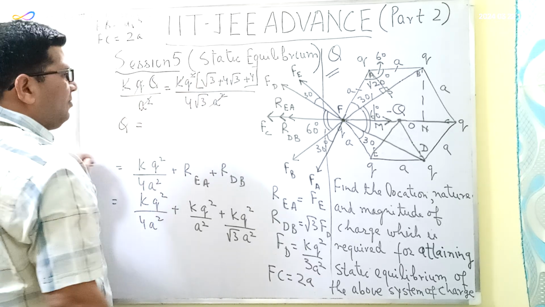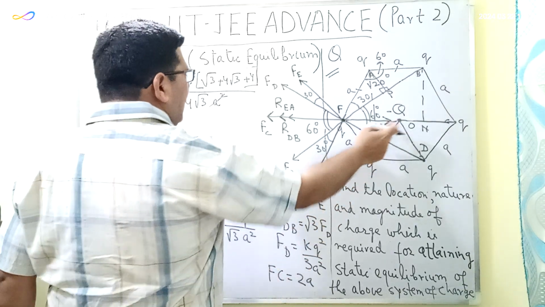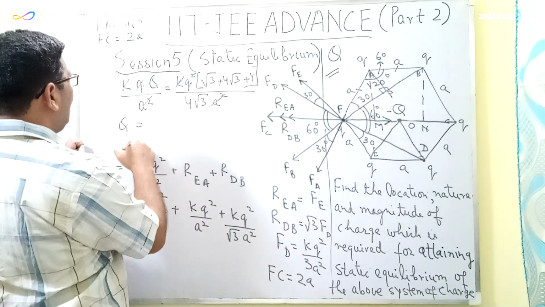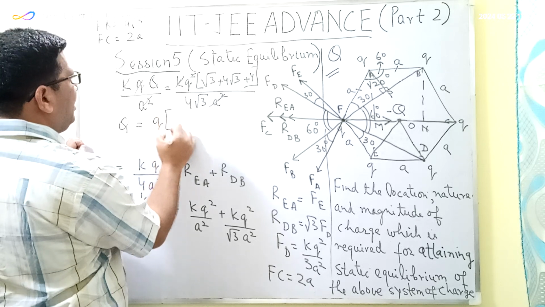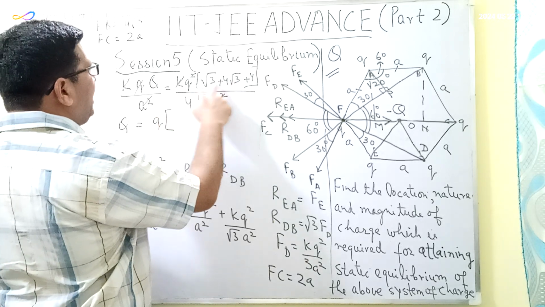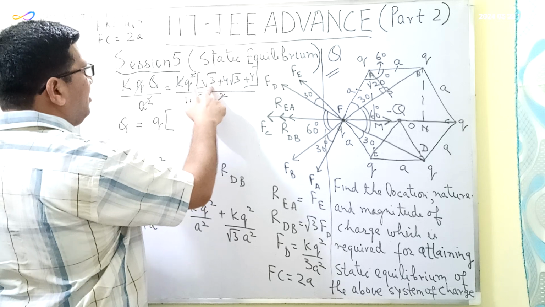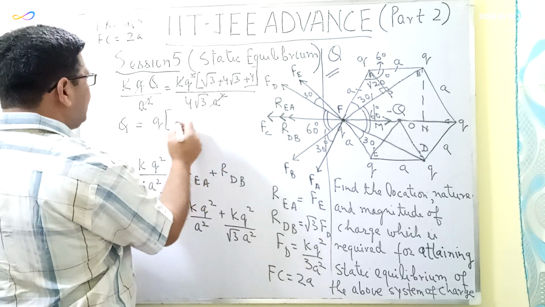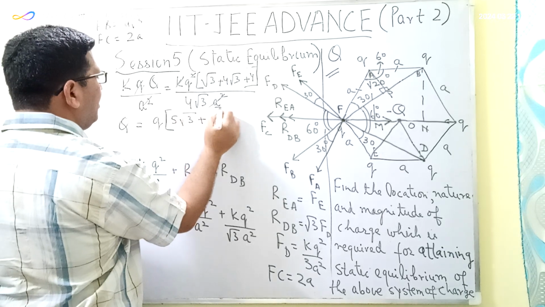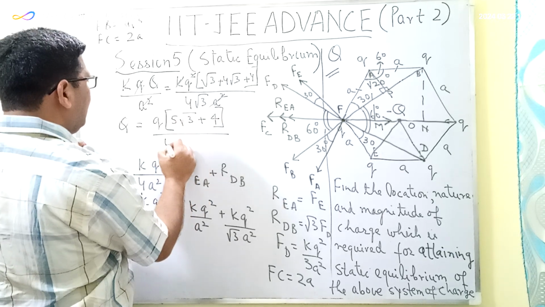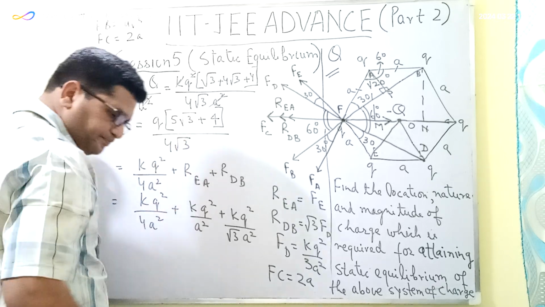So the magnitude of the charge which needs to be placed at the center of this hexagon will be equal to, Q will be equal to small q in bracket, this is 4 root 3 and this is 4 root 3 and root 3. So this is equal to 5 root 3 plus 4 divided by 4 root 3.